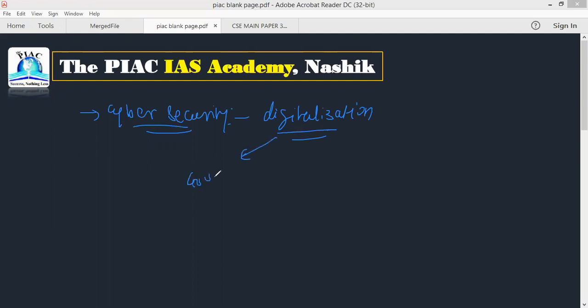Government offices have been digitalized and placed on the internet. Then your semi-government, your defense, and most important, your financial sector. This is an important place.